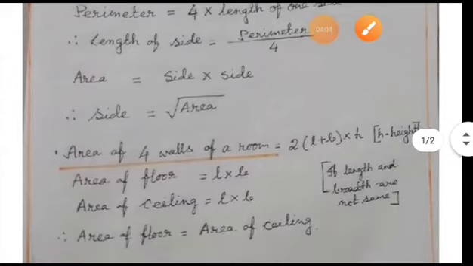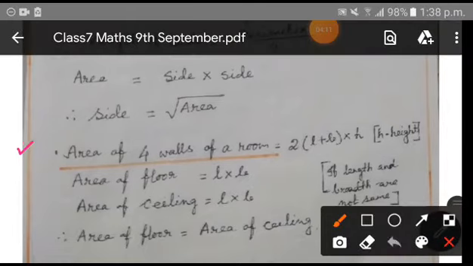Next, area of 4 walls of a room. So children, you can consider the walls of the room as rectangles. Whenever you just look at your room, you will find that the opposite walls are of equal dimensions. Opposite walls are of similar type.